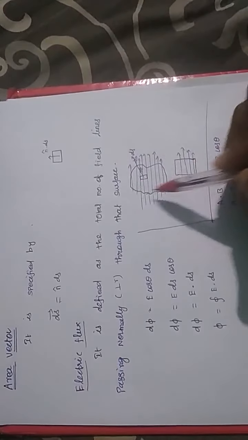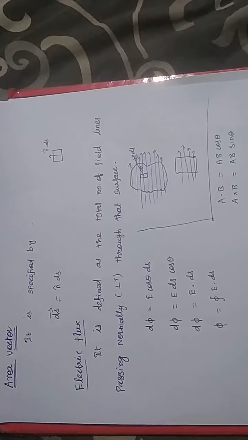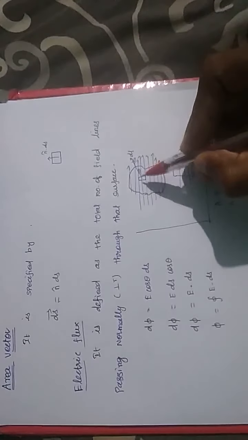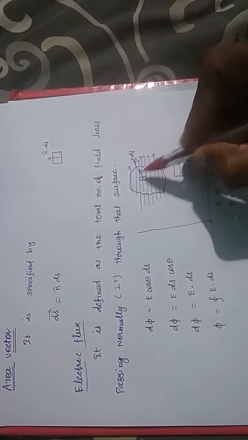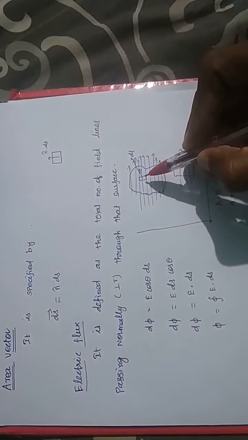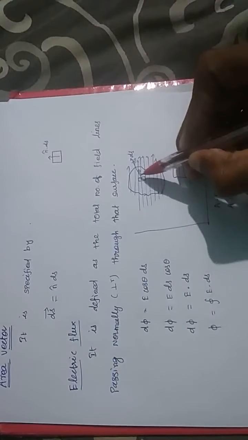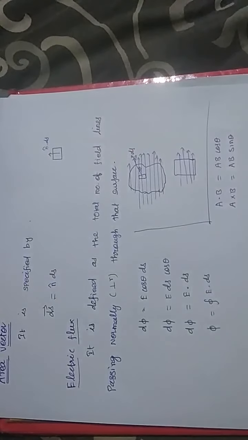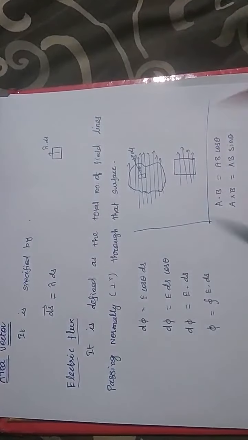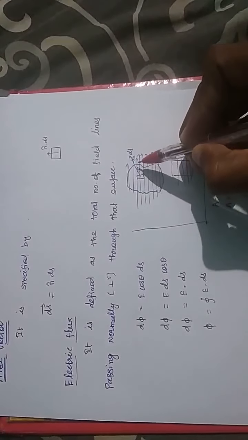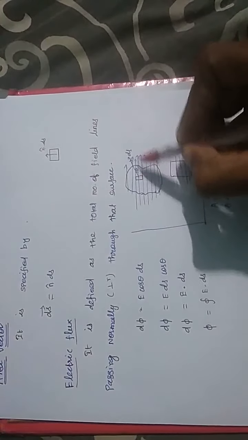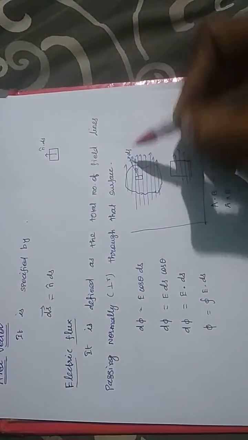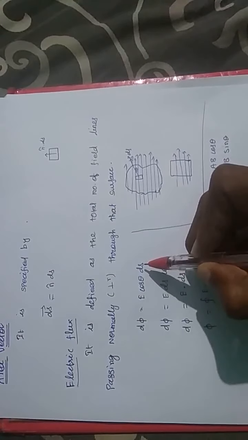If suppose I'm taking any irregular shape and I wanted to find out the electric flux in that, I'm considering a small portion, that is a small area ds, which is of some inclined portion. If it is inclined in some direction, it makes an angle theta. So I want to write the electric flux through that small surface ds.